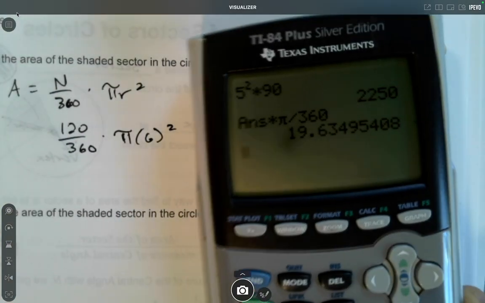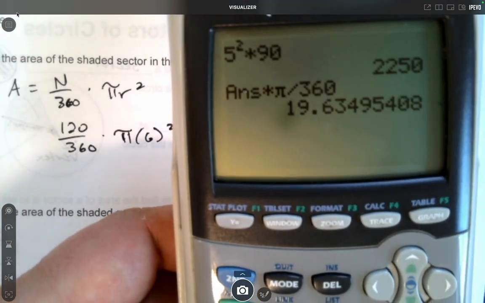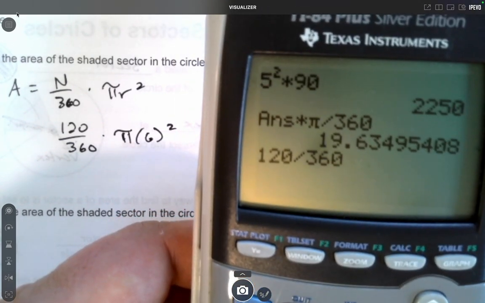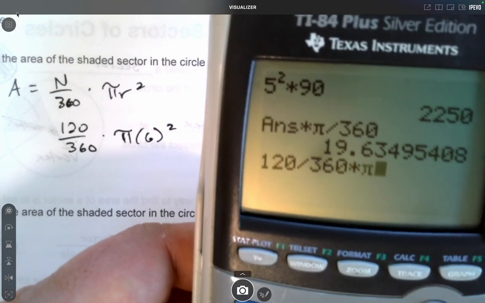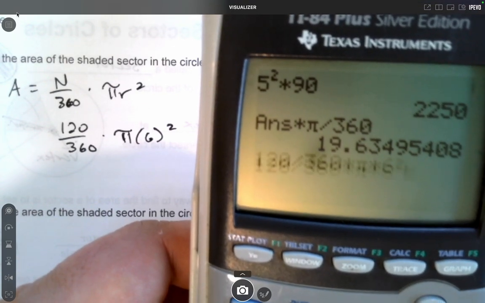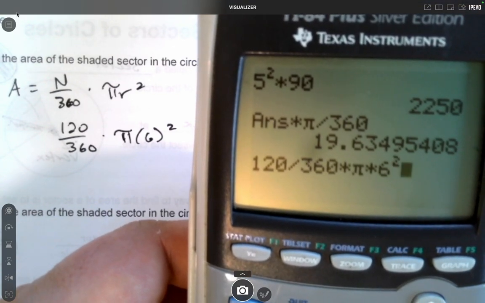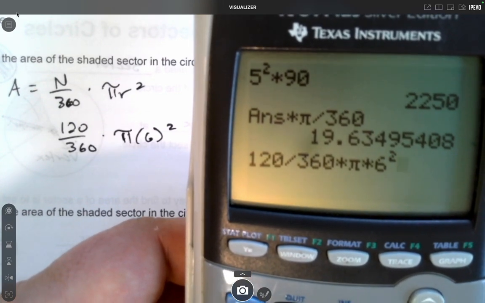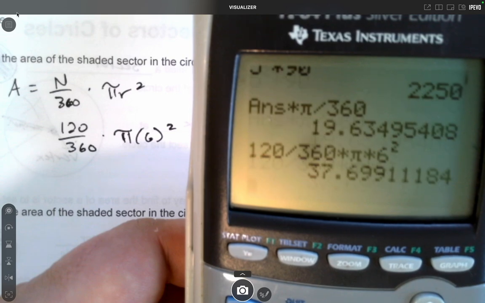So I can type all this in the calculator. 120 over 360 times pi times 6 squared. So 120 divided by 360, because remember fraction is division, times pi times 6 squared.